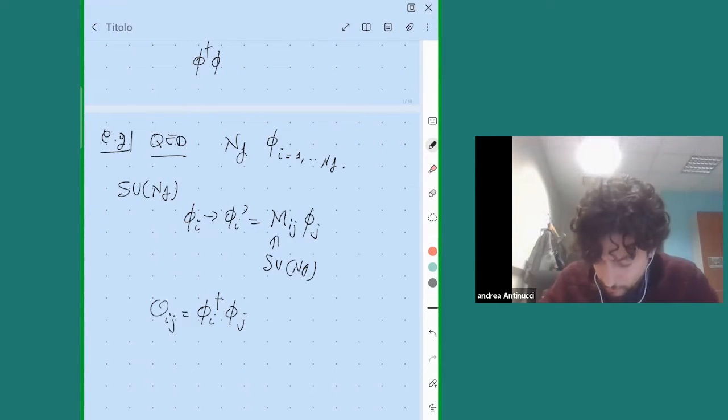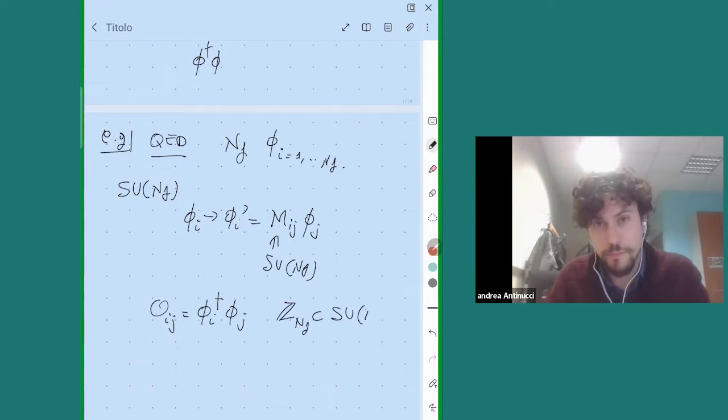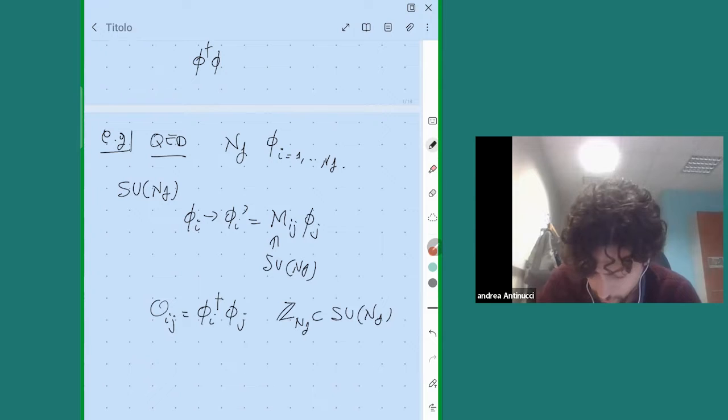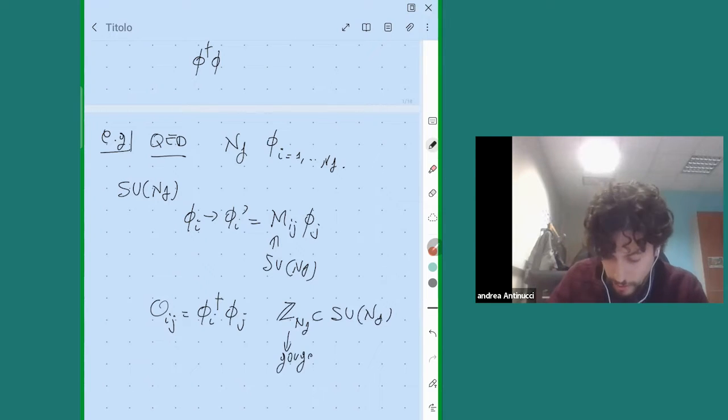So actually, the center, the Z_NF of SU(NF), is not acting faithfully. So this is not a global symmetry. This is a gauge symmetry. This is gauged. And so the actual global symmetry is the quotient. It's called PSU(NF).